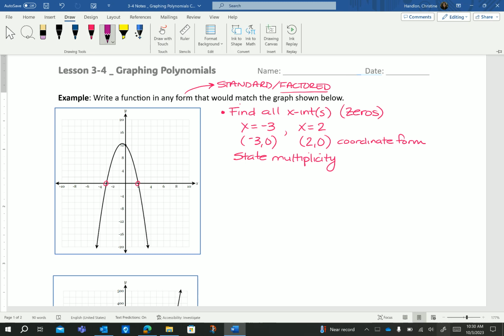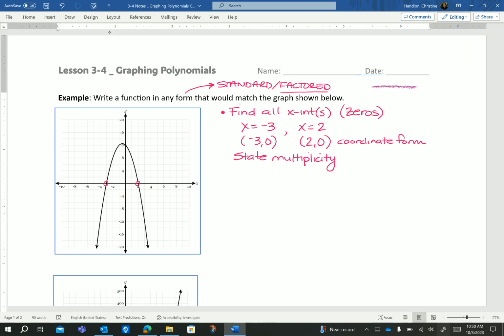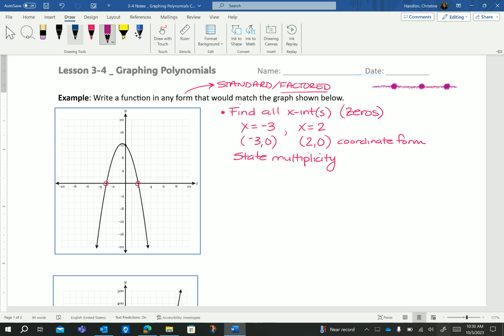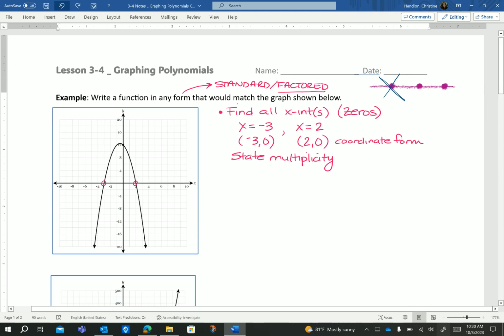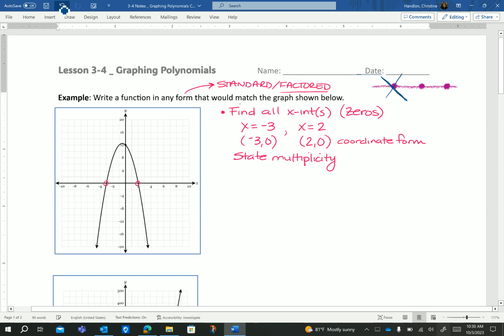If you have an x-axis and these x-intercepts, and the curve of your graph just crosses straight through it, looking linear in that area, whether it goes through that way or this way, that is known to have a multiplicity of 1. So if it just crosses through in any direction, that will have a multiplicity of 1.